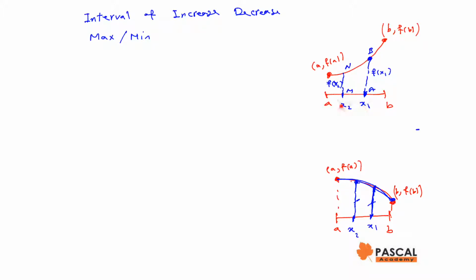If we pick x1 and x2 close to each other, then the instantaneous rate of change at x1 is also positive.